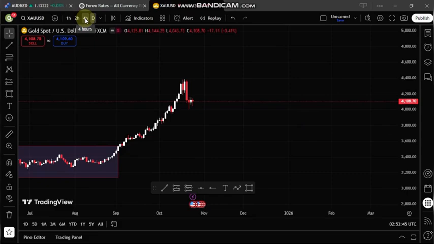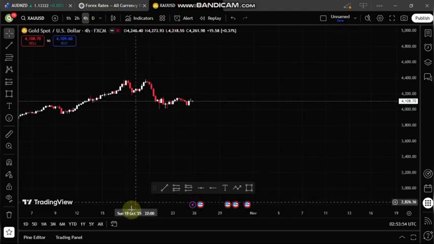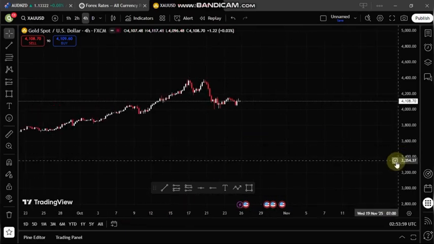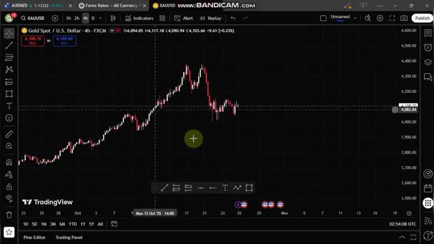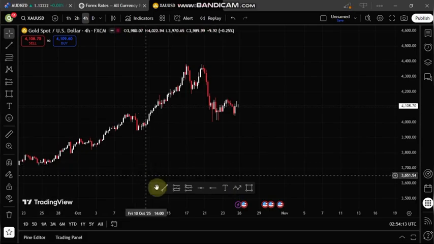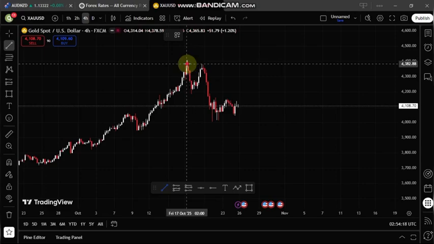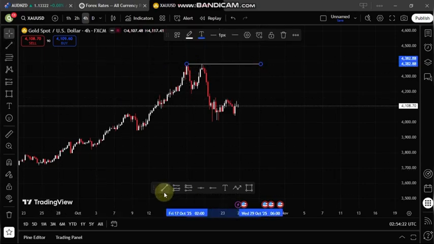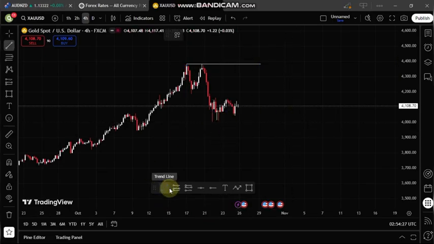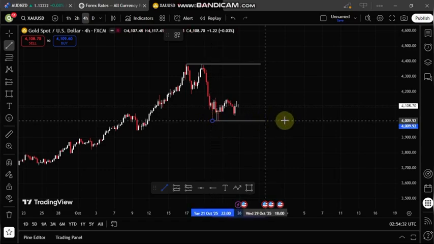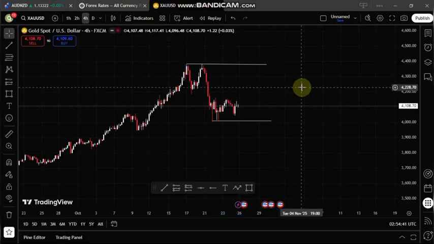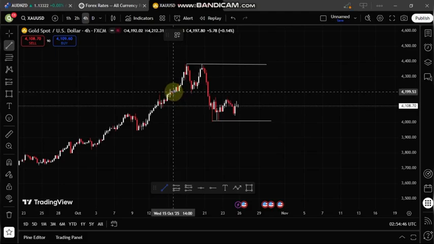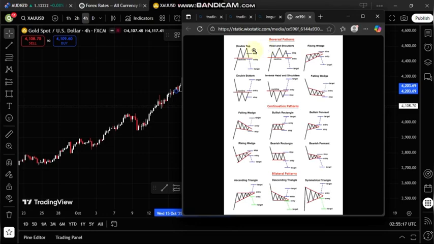Now we go to the 4-hour time frame. The market closed a bit bearish. Marking out the highest highs. Marked out this too. So here was a double top, right?